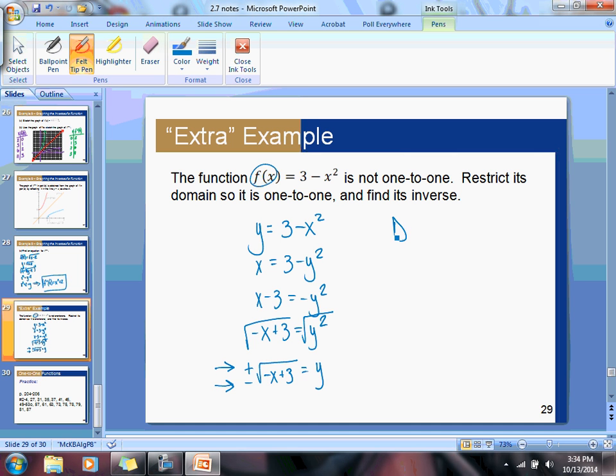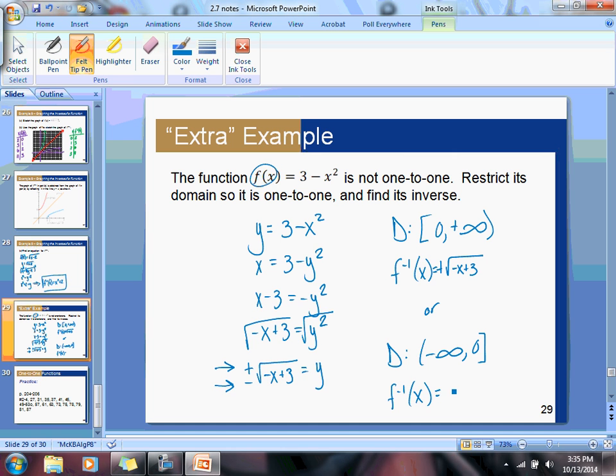So my domain could be all the positive values, or my domain could be all the negative values. And if my domain is going to be all the positive values, then my inverse function will be y equals the positive square root of negative x plus 3. And if my domain's all the negatives, then my inverse function will be all the negative values for the square root of negative x plus 3.